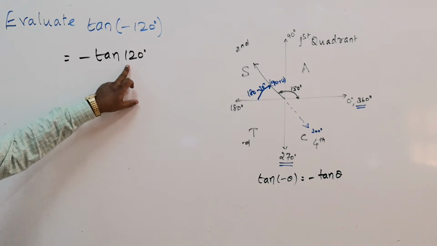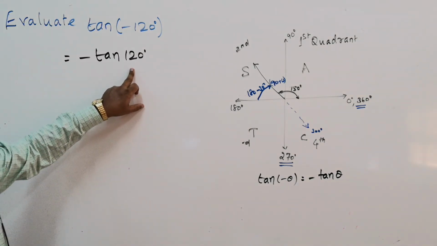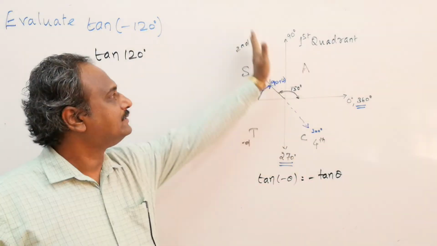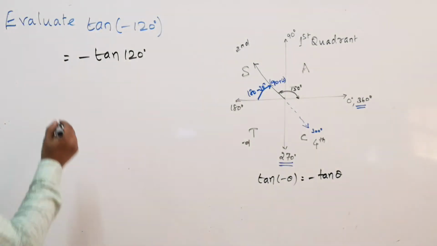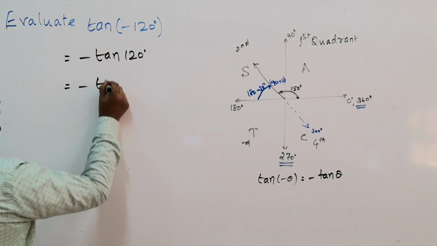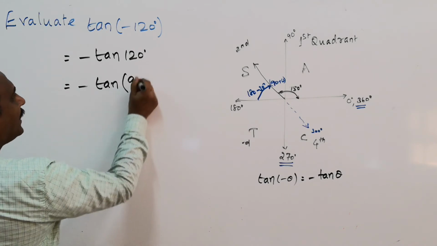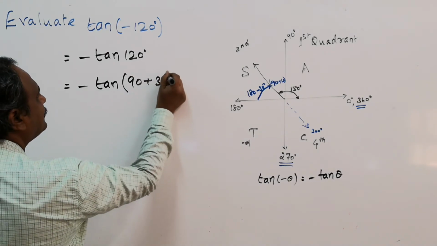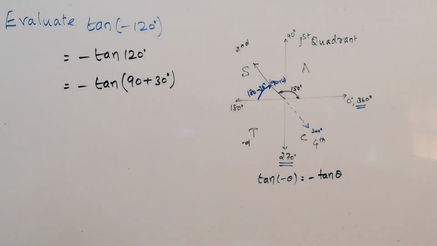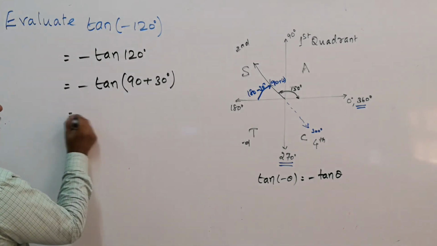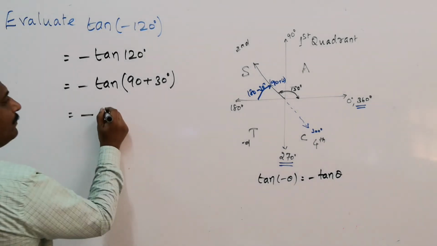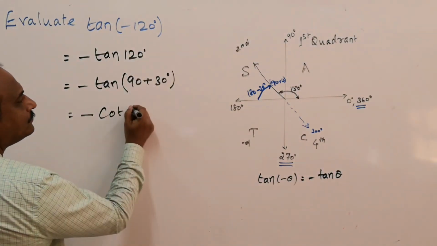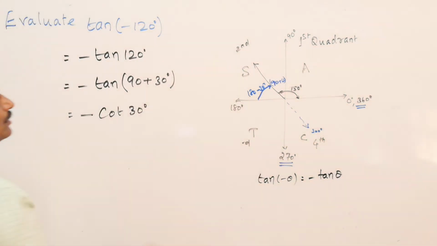Now I am going to take 120 and check where it will be. The 120 will be in the second quadrant. So how can I write this? This is equal to minus tan of 90 plus 30 degree. When we write 90 plus, according to the rule, tan will become cot.